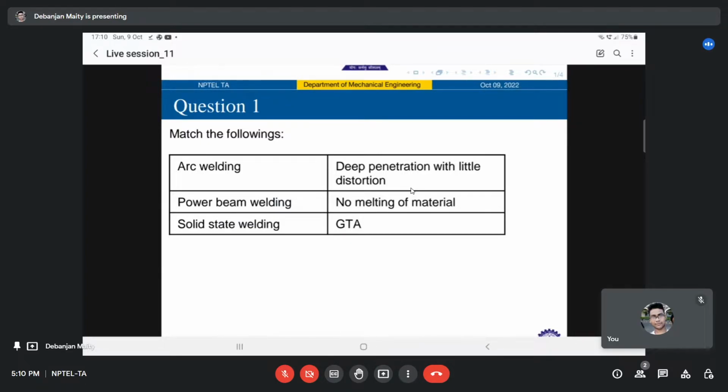Mainly, these are gas tungsten arc welding and plasma arc welding. These are mainly arc welding.